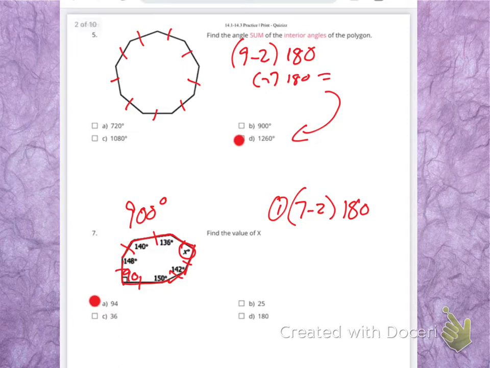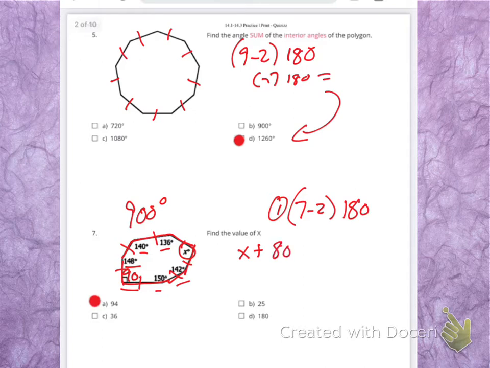So inside here, there's 900 degrees, and I'm given all of them except for x. If I wanted to write it out, it'd be x plus 136 plus 140 plus 148 plus 90 plus 150 plus 142 equals 900. I'm just going to do this in my calculator. I'm going to add all the numbers together: 136 plus 140 plus 148 plus 90 plus 150 plus 142.